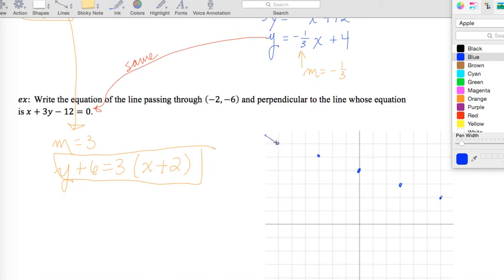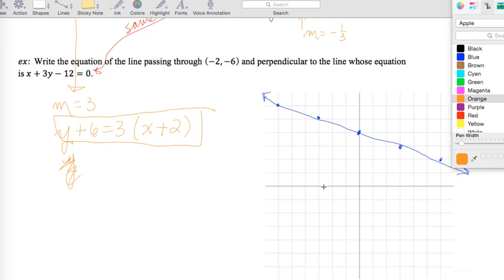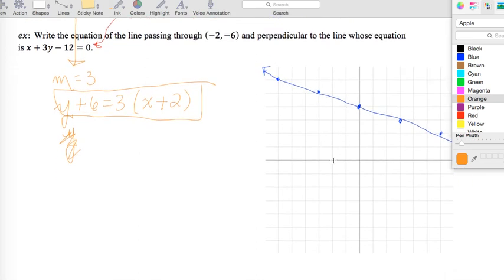Okay, so that's the slope of the line that we're given. And that's the equation or graph of this line that we're given. And then let's graph this one to make sure that they look perpendicular. So this one, let's go ahead and solve. Well, no, let's just use the point (-2, -6). Which is -2, then 1, 2, 3, 4, 5, 6 right here.